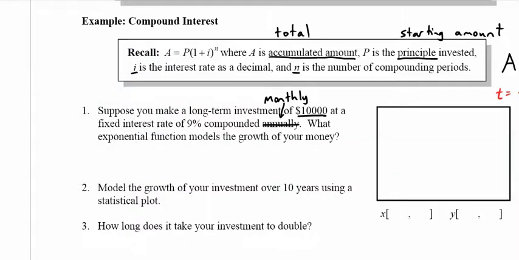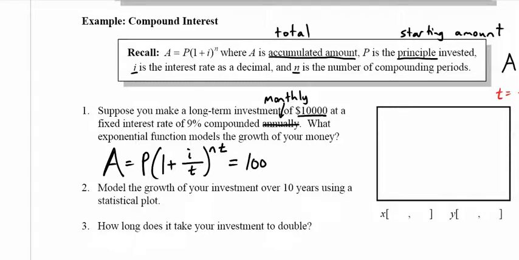So if you wanted to write this as an equation, you would say that the total amount that you get is the starting amount times 1 plus the annual interest divided by the number of times you compound to the power of the number of years times the number of times you compound, which in this case, we're starting with $10,000.